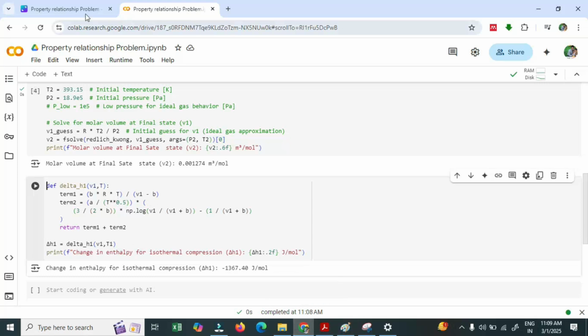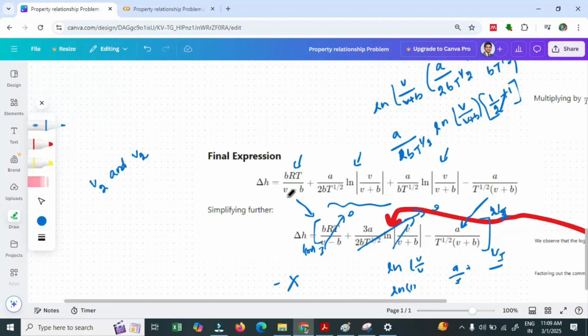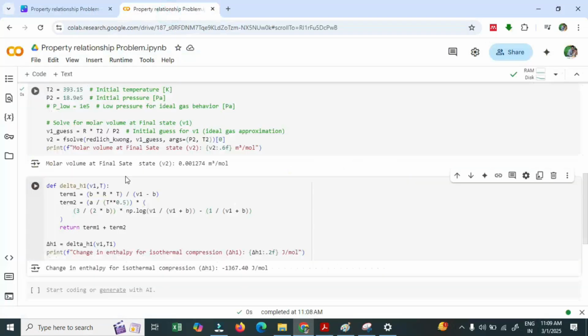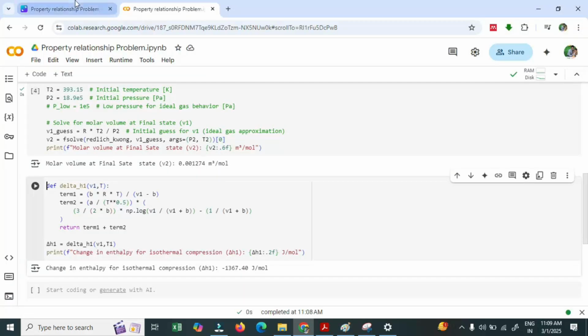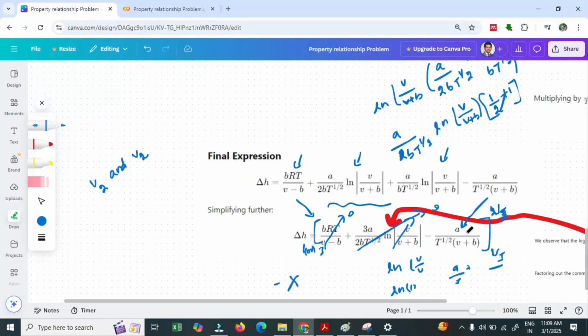The moment I give V1, I'm just calling this term followed by this one. V1 is not defined. I'll define V1 here also. Yeah, V1 is defined here. Again, let me come back here and check whether I'm getting the V1 value or not.